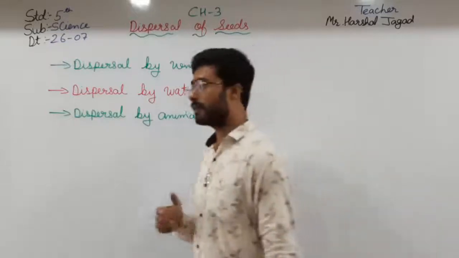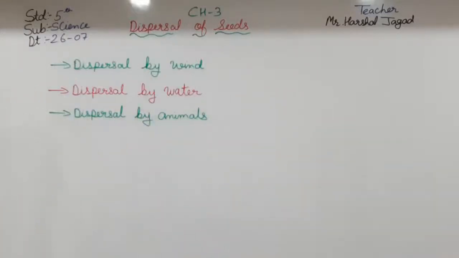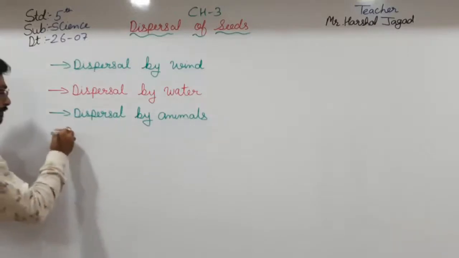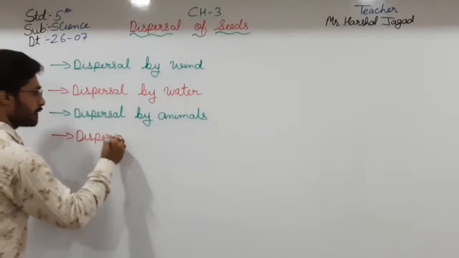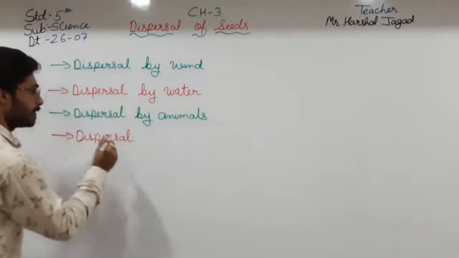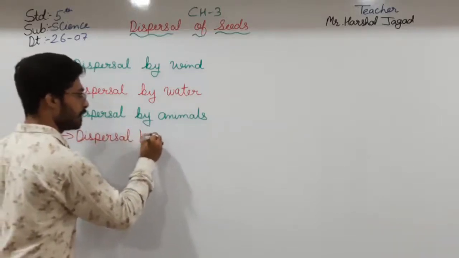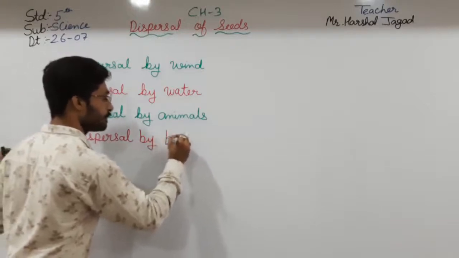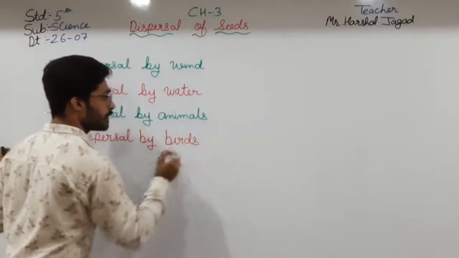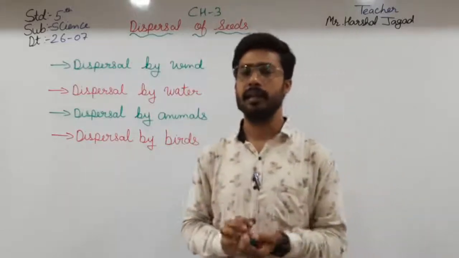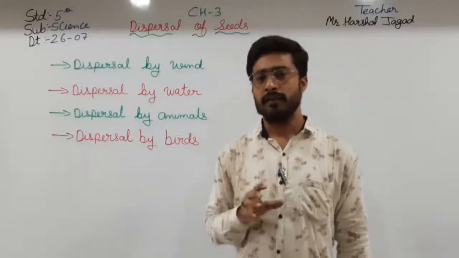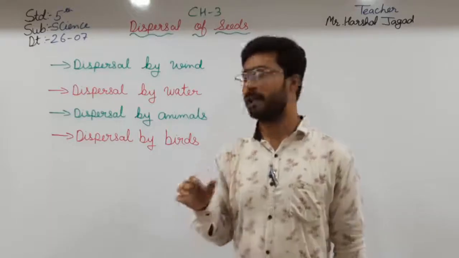Okay, then after, dispersal by the birds. In the same way, the birds just take the fruit and fly over it, the same as the animals.